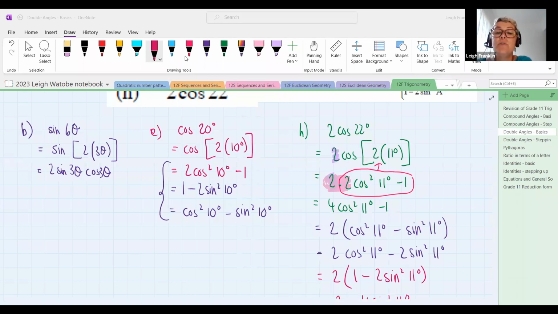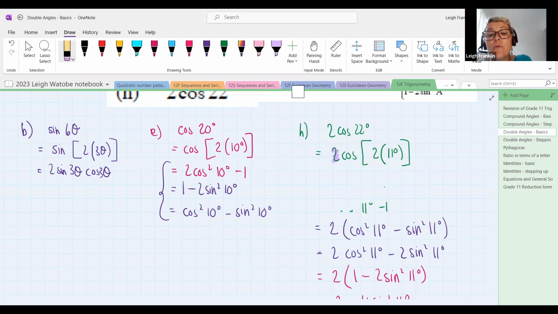All right, so Sandiswa, I see you wanting me to explain this again. I'm not going to worry about explaining the bit in purple. As long as you understand the one in green, that's more than enough. What they're asking you to do here is take the double angle and times it by 2.